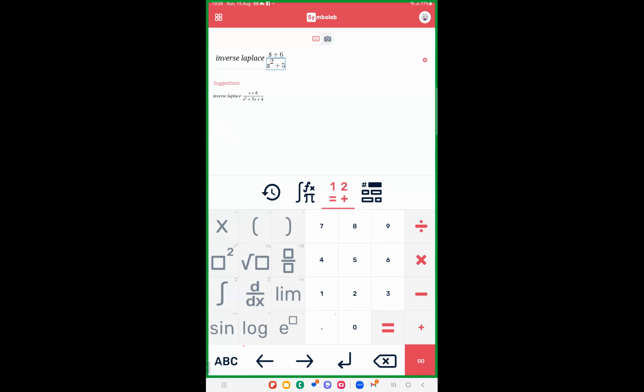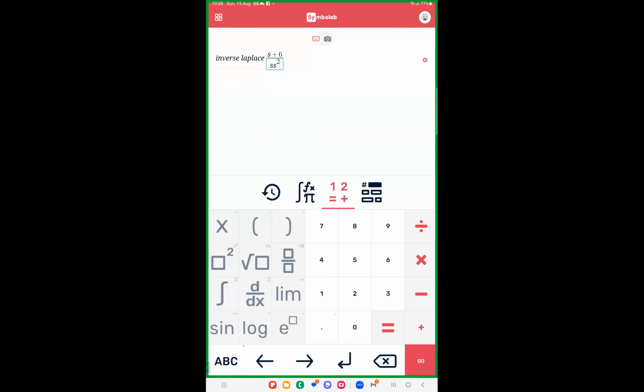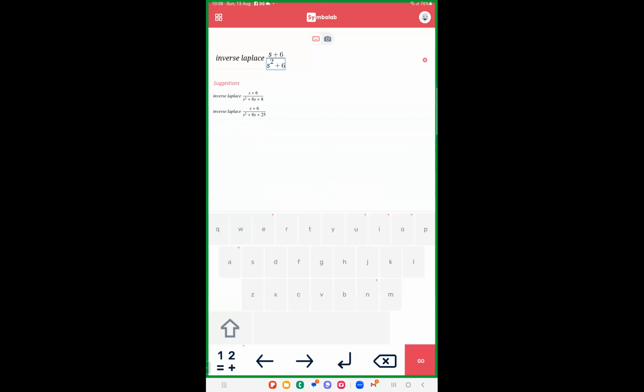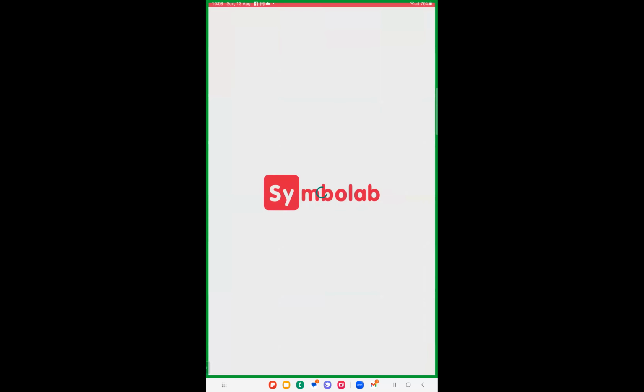you have s squared plus 6s plus 10. Okay, let's do the inverse of this.